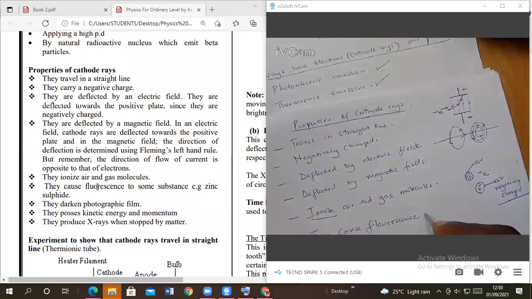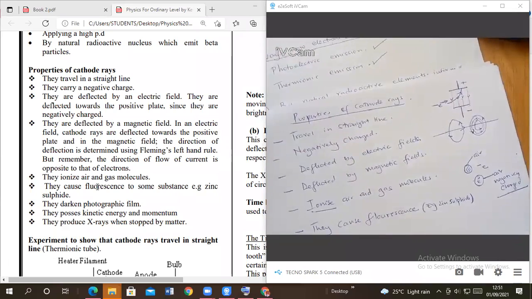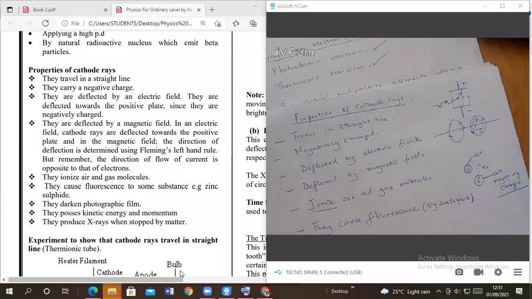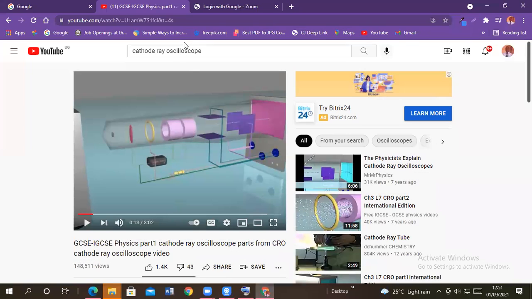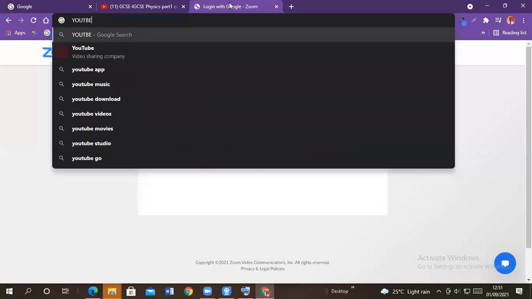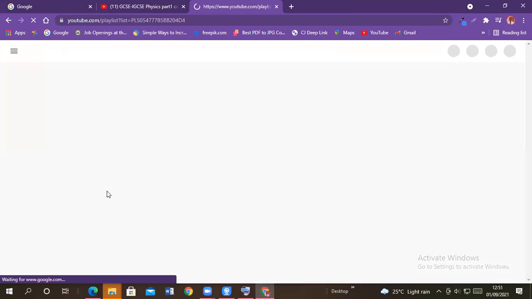I feel like Googling this and seeing how they cause fluorescence in zinc sulfide. We don't have time. But do we have time? Let me see, I'm just in the mood of checking how it causes fluorescence. He knows but doesn't know where he's supposed to connect from, I think.